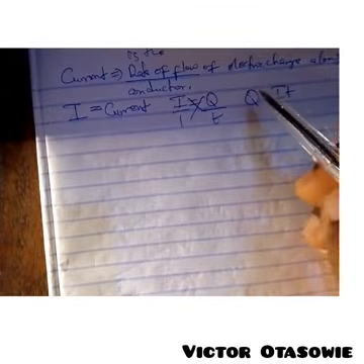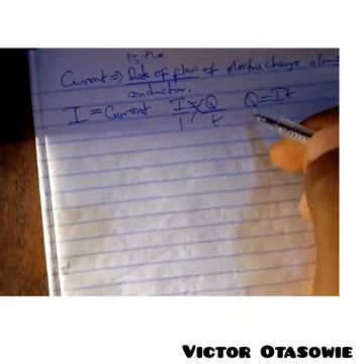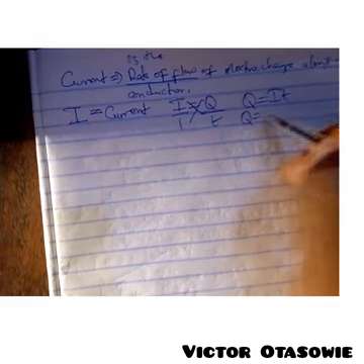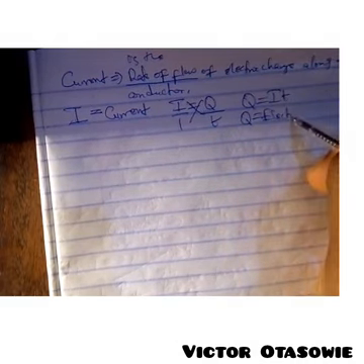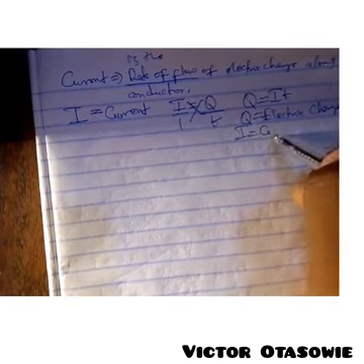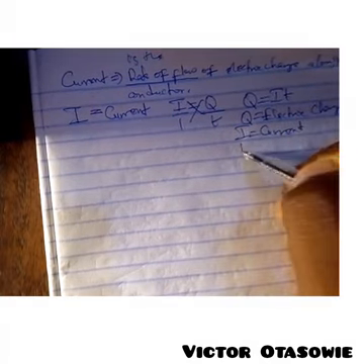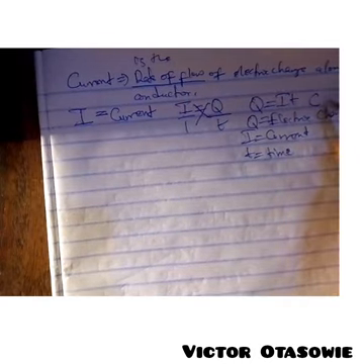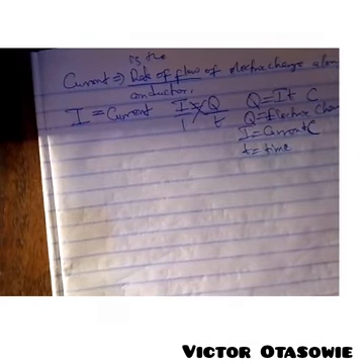Q represents electric charge, I represents current, and T represents time.